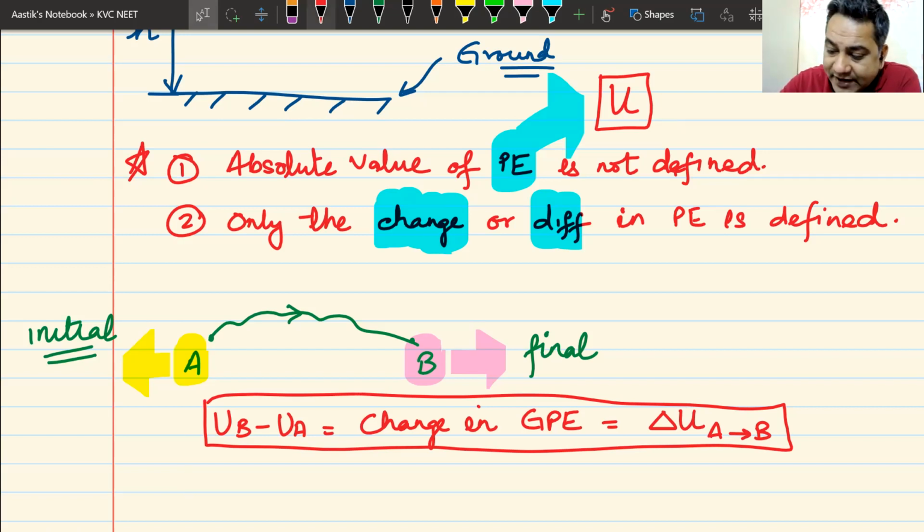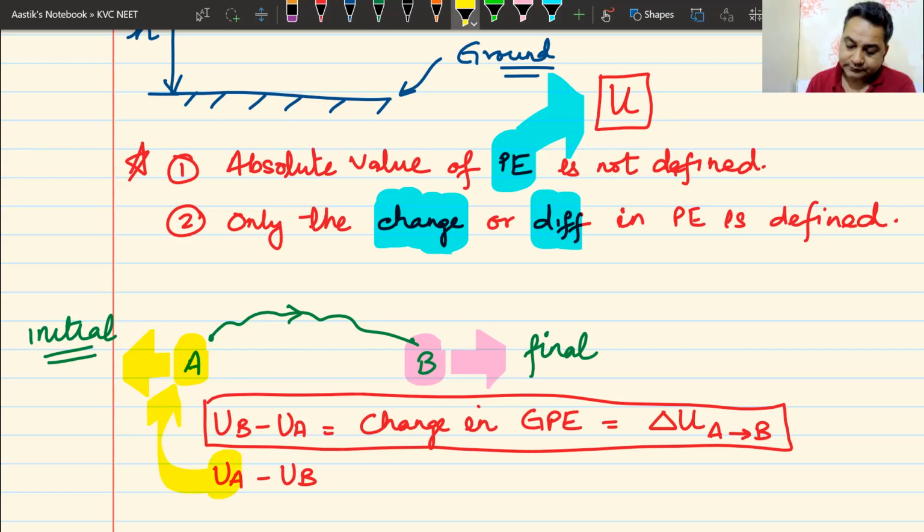So, if I write UA minus UB, now remember, UA means energy at point A, UB means energy at point B. Do we understand this?